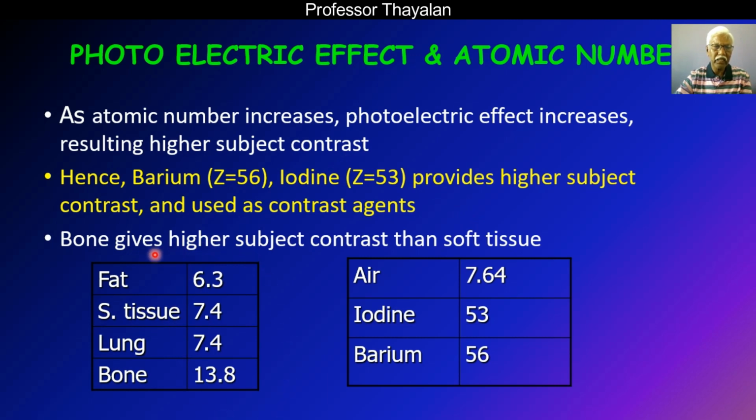In the human body, fat has an atomic number of 6.3, soft tissue 7.4, lung 7.4, bone 13.8 and air 7.4. So among the human body materials, the lowest atomic number is soft tissue, the highest is bone. So bone gives higher subject contrast than soft tissue because of its high atomic number.